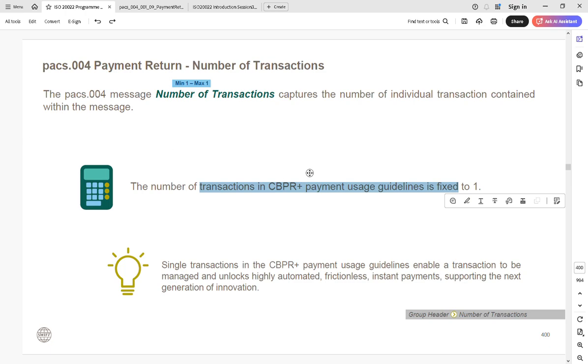Under your group header, this information is there: business message identifier, PACS.004, CBPR plus. These things are there, and your date and time here, and the number of transactions should be one. Number of transactions is one here as well. Where is my payment? Oh, it's here. Okay.